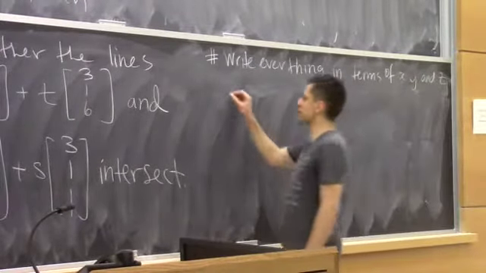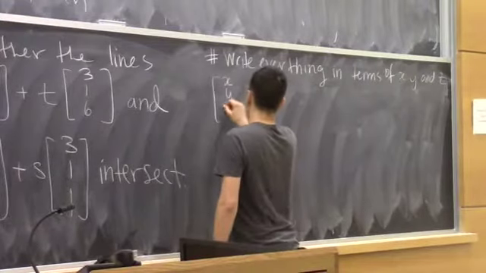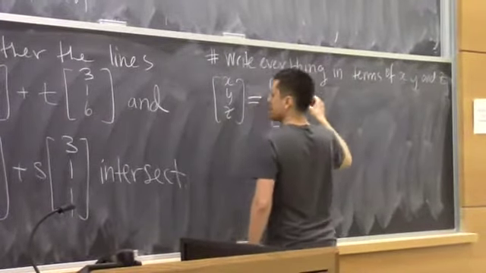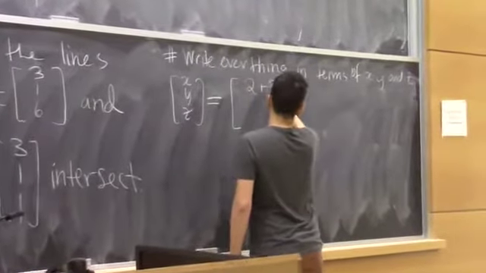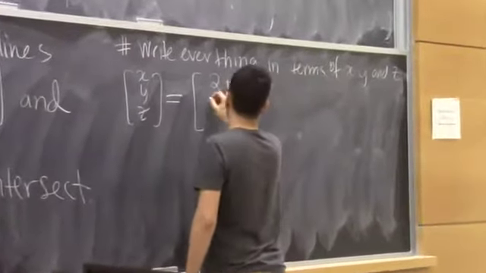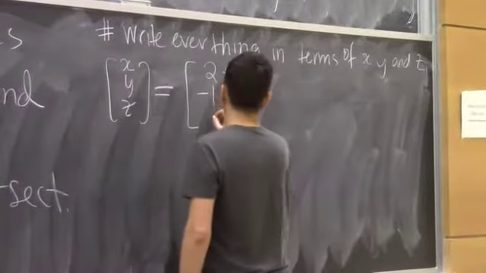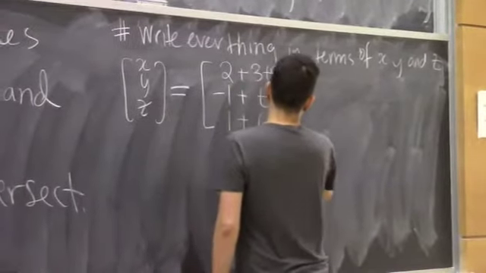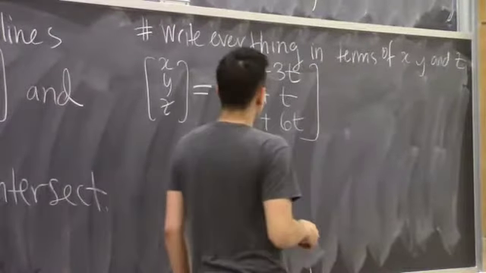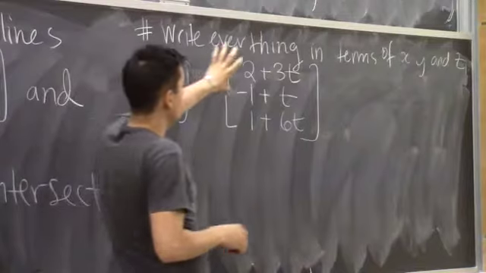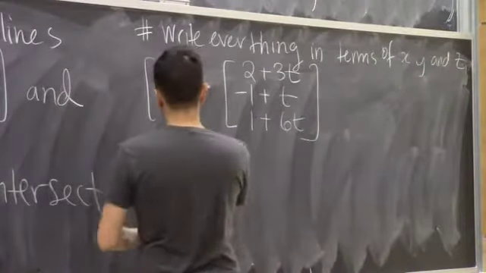Okay, so what does that look like? Okay, so we group everything, and now we've got x, y, z is equal to this stuff.